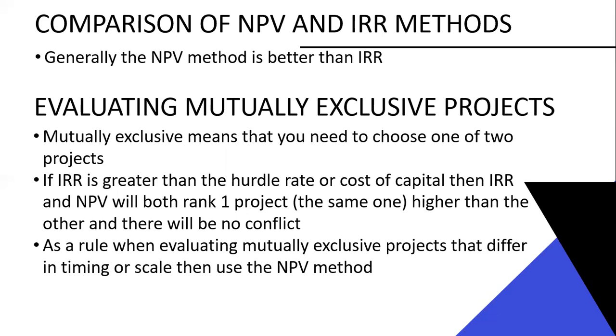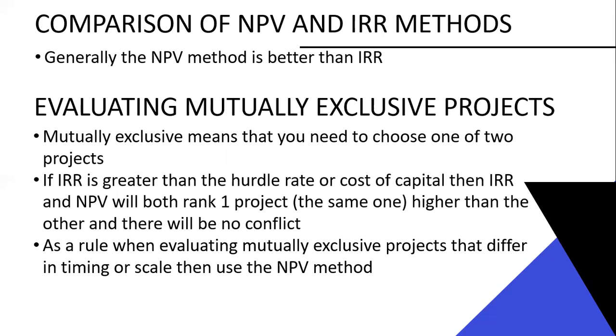Now, if the IRR is greater than the cost of capital or the hurdle rate, then IRR and NPV both will rank the same project higher than the other, and there will be no conflict. Now, as a rule, when you are evaluating mutually exclusive projects that differ in timing or scale, then always use the NPV method.